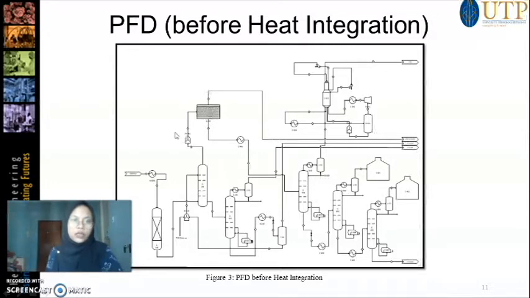This section covers the dehydration unit, and this section covers the NGL extraction, and the top one here covers the liquefaction process unit. And towards the end of my presentation, I will show the PFD after heat integration.